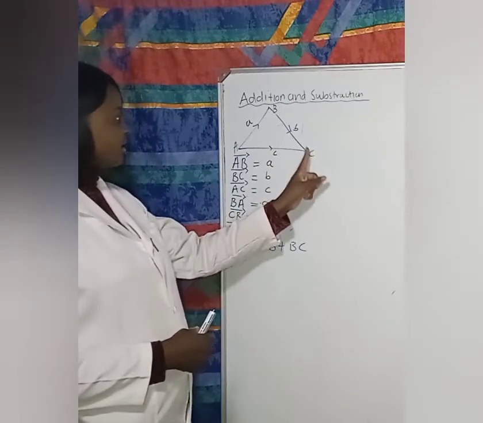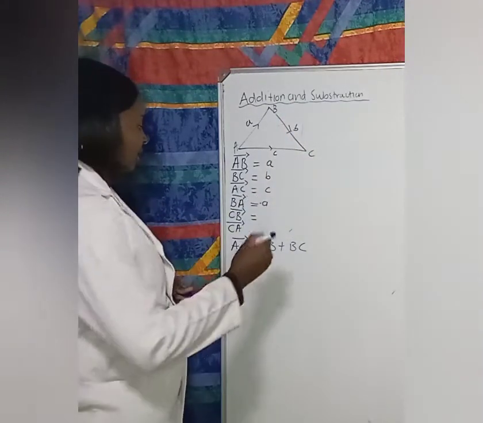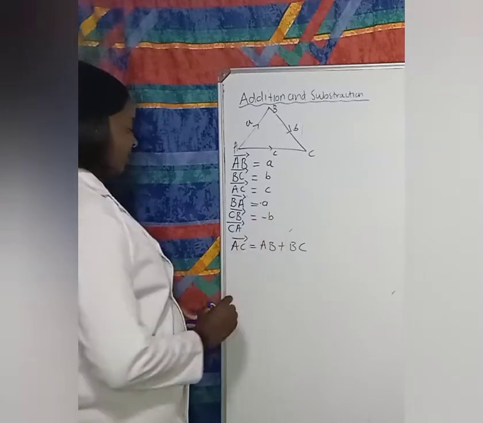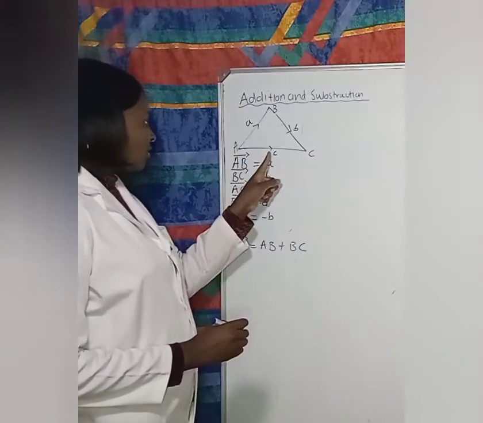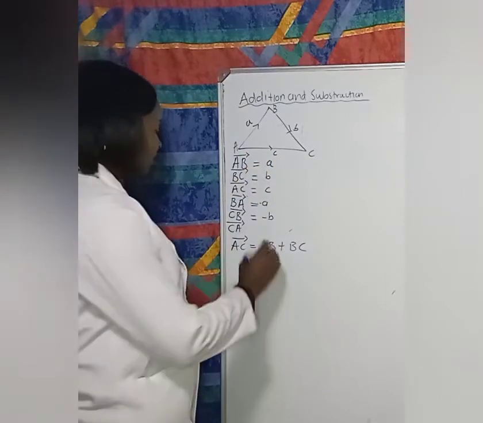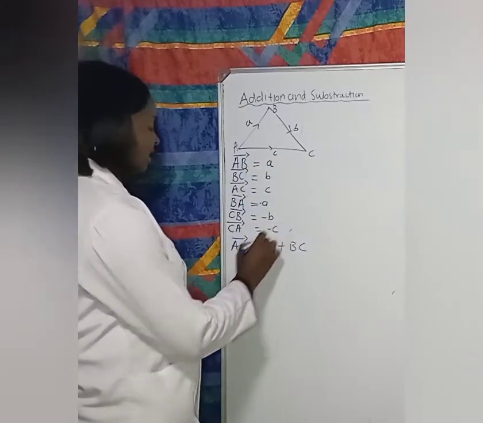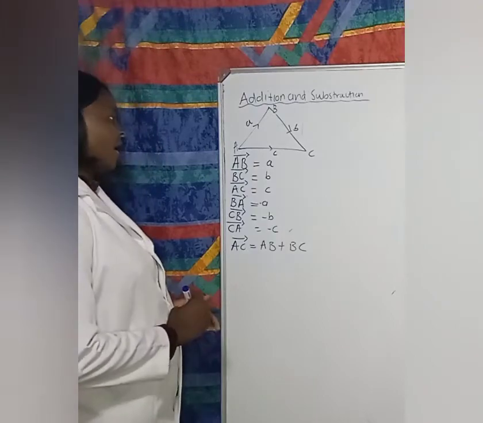Now you are moving from C to B, you are opposing the arrow, so it's going to be a negative B. CA, you are now opposing the arrow. So whenever you oppose the arrow, just know that you have to negate your vector, okay?